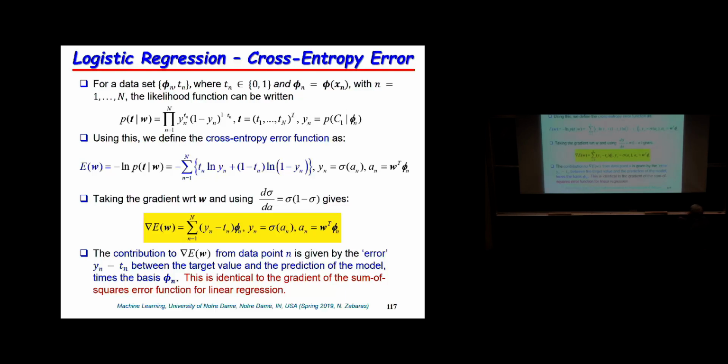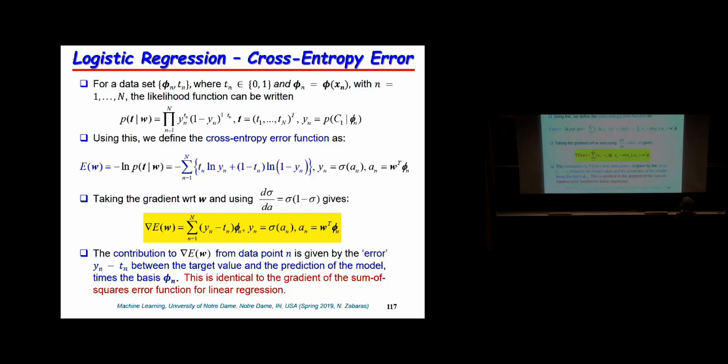Would you agree with me that the likelihood looks like this? Remember, t is equal to 0 or 1. So for each point, y is the posterior probability of class 1 given phi n. Would you agree that the likelihood would be y_n to the t_n, times 1 minus y_n to the 1 minus t_n?